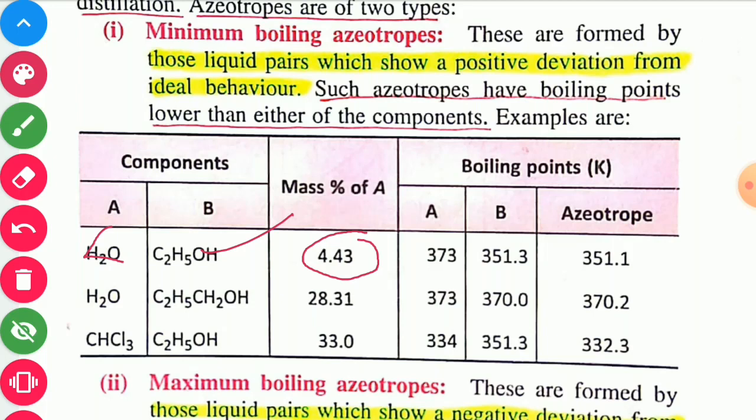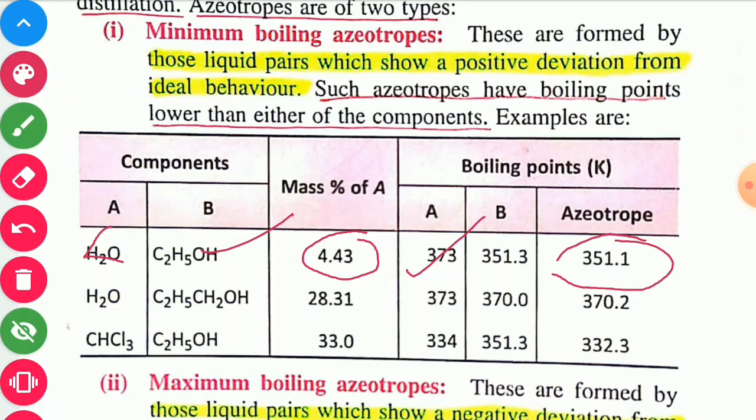In the pure form, the boiling point of water is 373 Kelvin, and in the pure form, the boiling point of ethanol is 351.3. But when we mix them, then at the particular composition, on this percentage, we get the boiling point of the mixture of water and ethanol as 351.1 Kelvin.